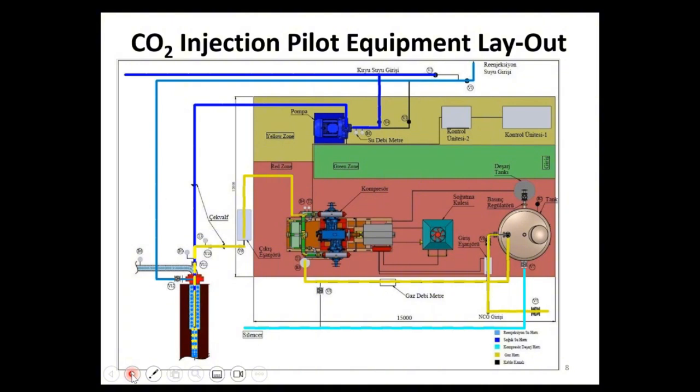As I can show here, in the well we have a secondary string at a certain depth, in our case 700-plus meters, to make sure that when the gas and brine are mixed, NCG is not in a gas state, it's in a supercritical state.